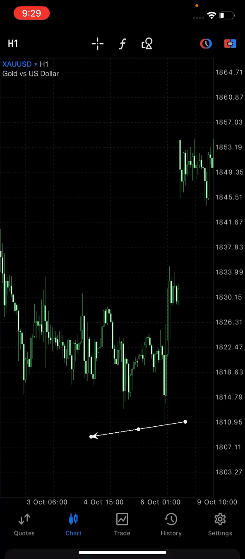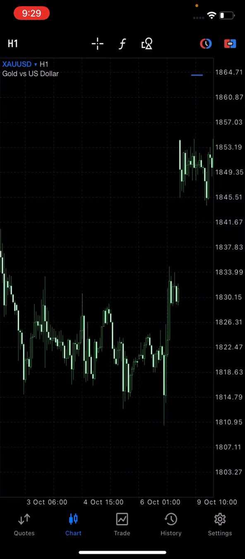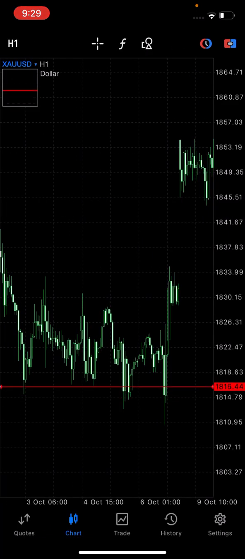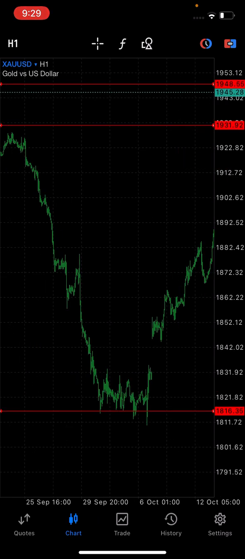And a support zone is basically a bouncing zone. So this line is a support zone. Whenever wicks or candlesticks are touching in a certain zone or a certain range, that's a support zone.